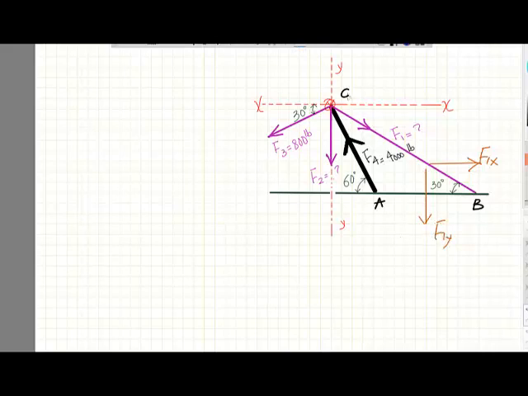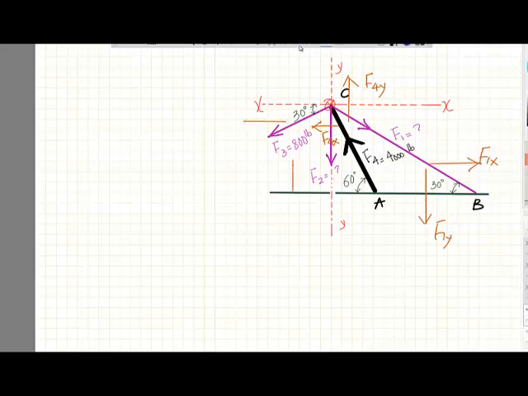Then the F4 into its x component and its y component, and we'll name them. This is F4y, this is F4x.